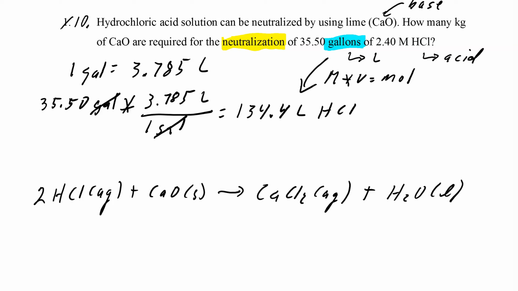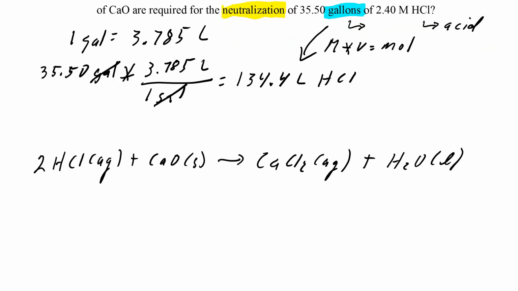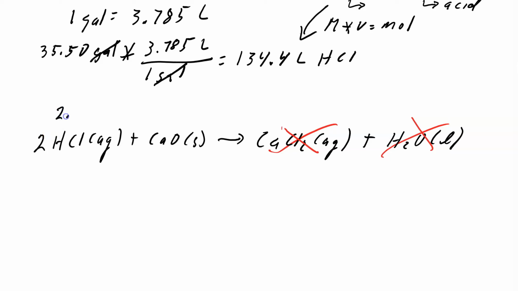So let's now do the stoichiometry part. Let's assign values to our two reactants here. Since we have our balanced equation, we really don't care about the products, so let's just ignore them. All the action is going to be to the left of the arrow. The information now that we have about our hydrochloric acid, we are told that we have a concentration of 2.40 moles per liter, so let's write that there.